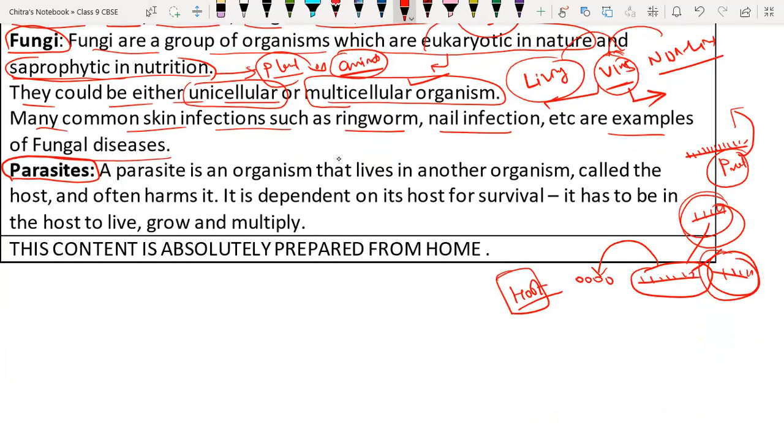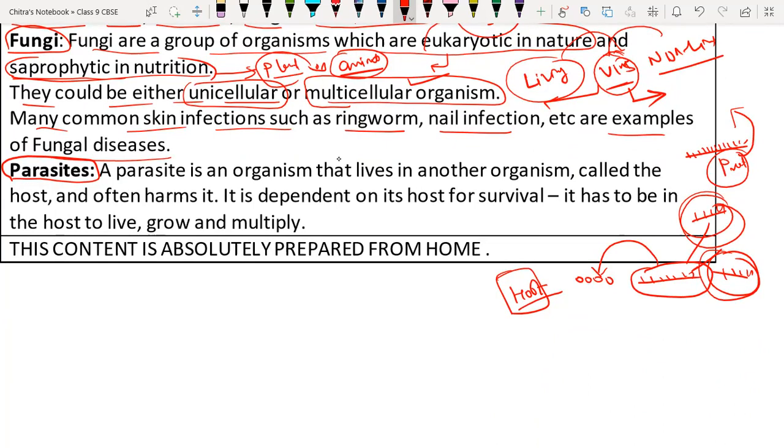All these are intestinal parasites. They are present in the intestine of the organism, in human beings also. They are called parasites because they totally depend on a host organism for their nutrition, and they cause ill effects to the host body also.